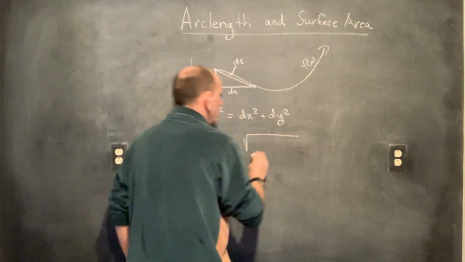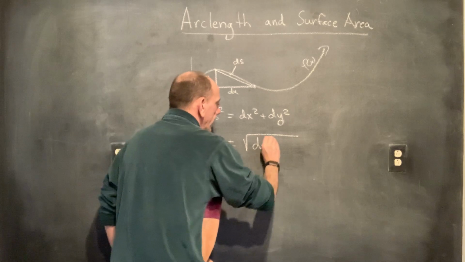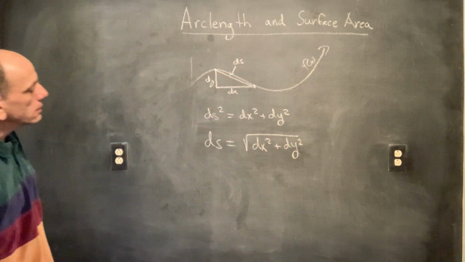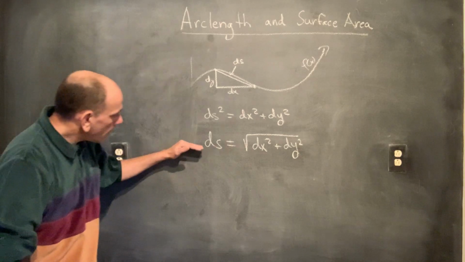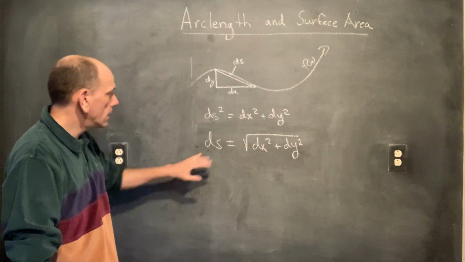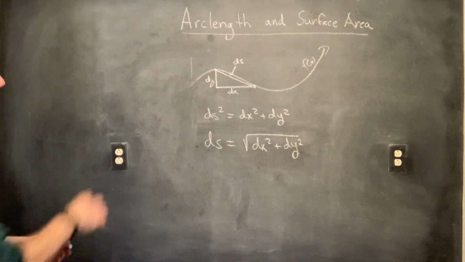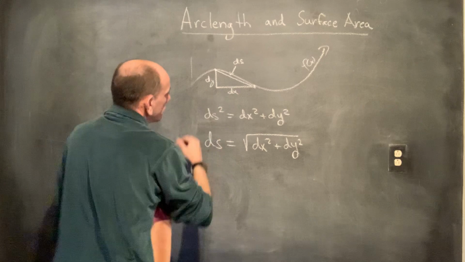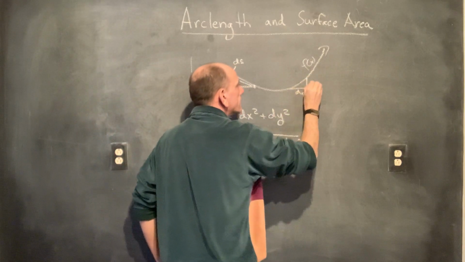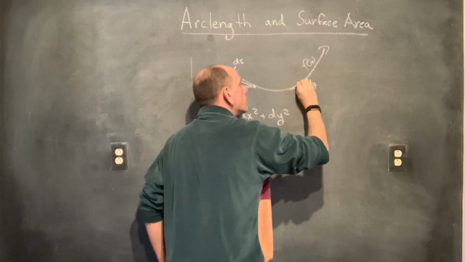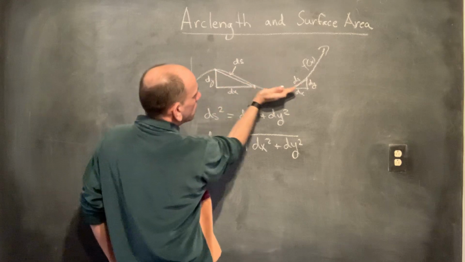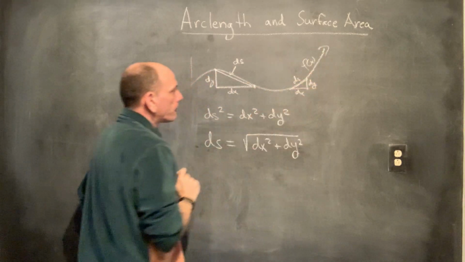It's the square root of dx squared plus dy squared. Great. So here I've actually been able to say what this ds is. It's the side of this triangle. Here's my dx, here's my dy, here's my ds.